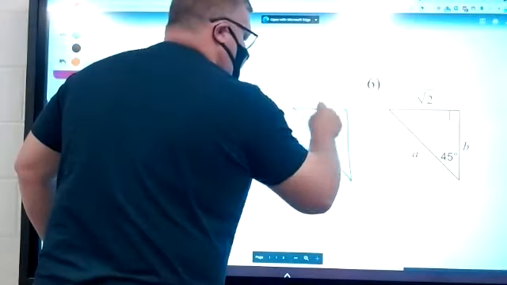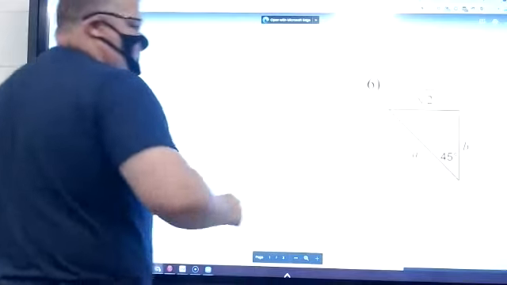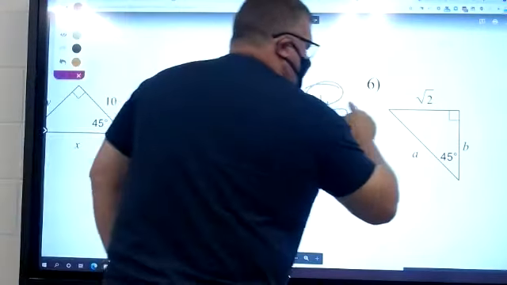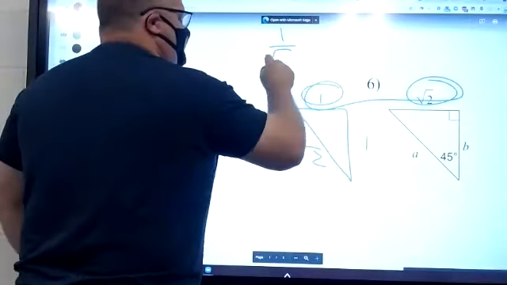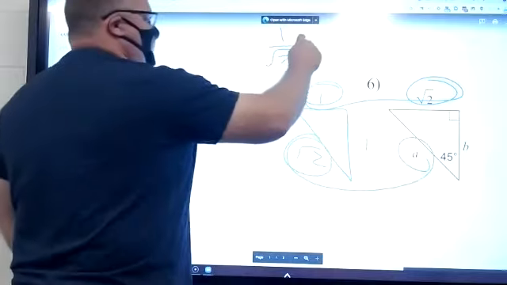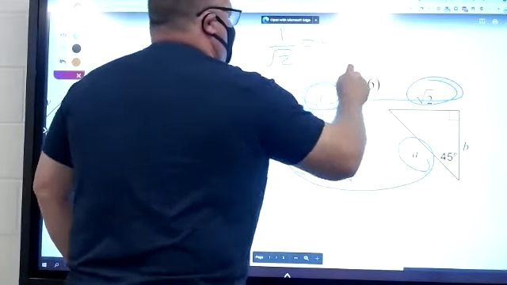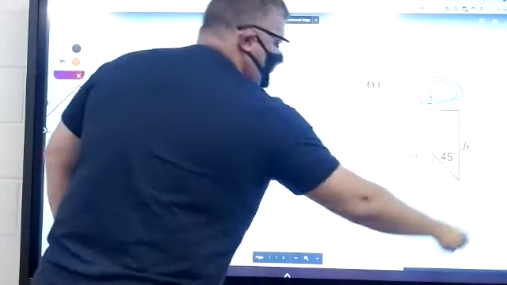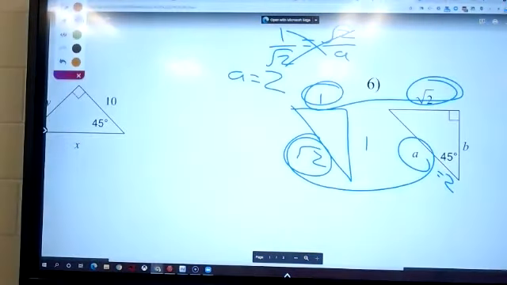Good. So then what do I do? 1 goes with root 2, as what? Root 2 goes with A. Okay? A equals 2, because root 2 times root 2 is 2.